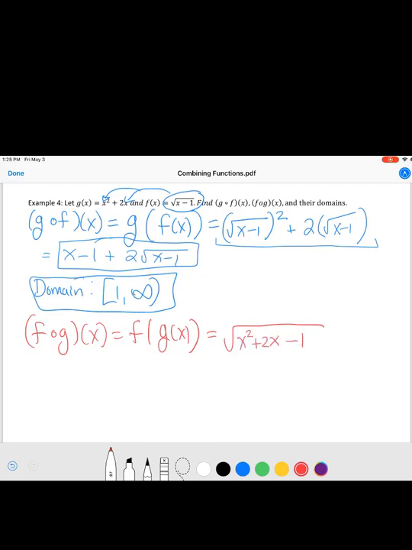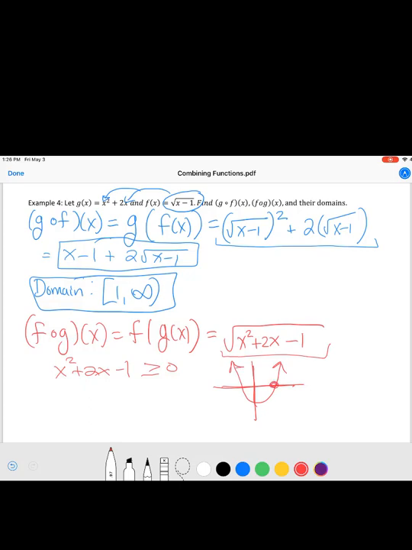And let's see, there isn't anything else that we can do with that to clean it up. However, I want to make sure what's underneath here is going to be positive. So I want x squared plus 2x minus 1 has to be positive. If I look at the graph of x squared plus 2x minus 1, it's going to look something like this.